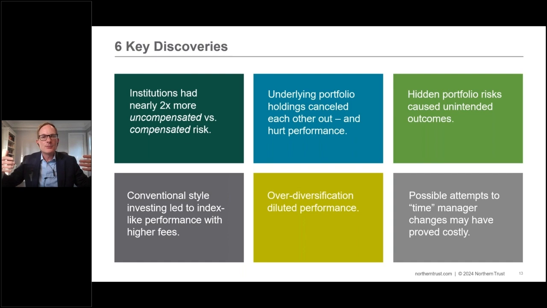When you think about portfolio diversification, ideally what you would want to do is diversify away those risks that are uncompensated and keep those that are compensated. Two really basic ideas, but in practice, things go all kinds of haywire.